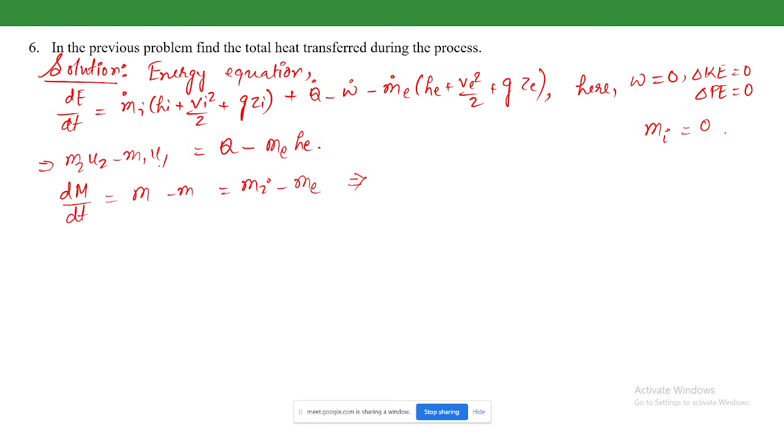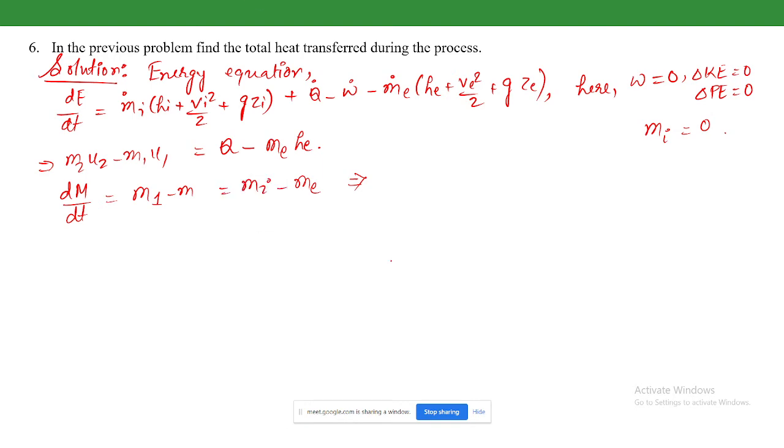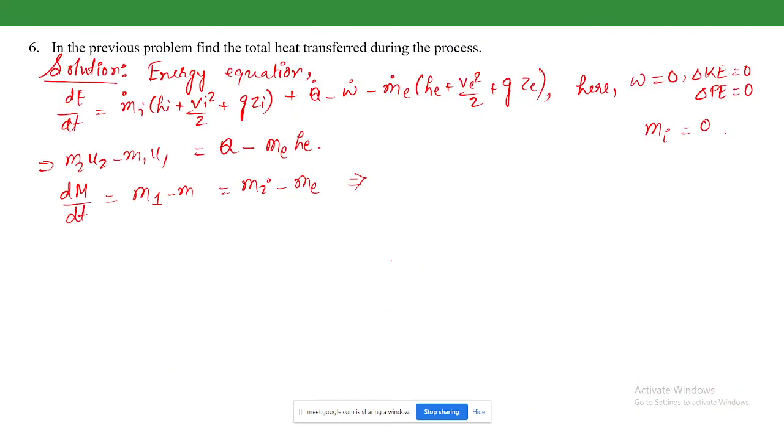Initially the mass is more and finally the mass is less, and that amount is going out. Right, it is m2 minus m1 only. So minus m_e is equal to m2 minus m1, and that is m_e is equal to m1 minus m2.